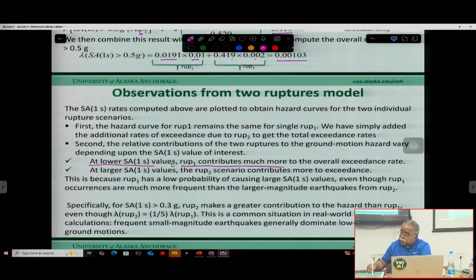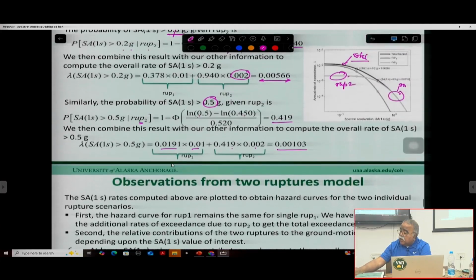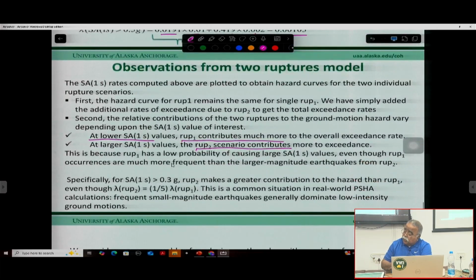And the rupture 2 scenario contributes more to the exceedance at the higher values, right? Okay, so this is what you have to compute.